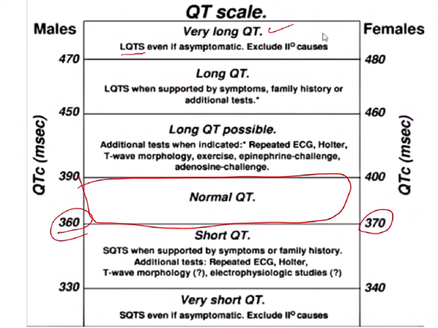But we have to exclude the secondary causes of long QT syndrome. Similarly, short QT syndrome is also seen, and it is also a congenital disorder. Short QT is also seen in hypercalcemia. If the calcium levels are increased in the body, it can cause short QT, and it is an important cause of arrhythmias.